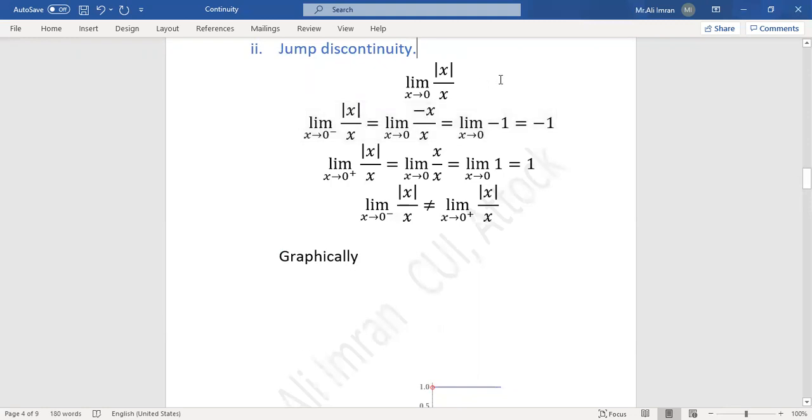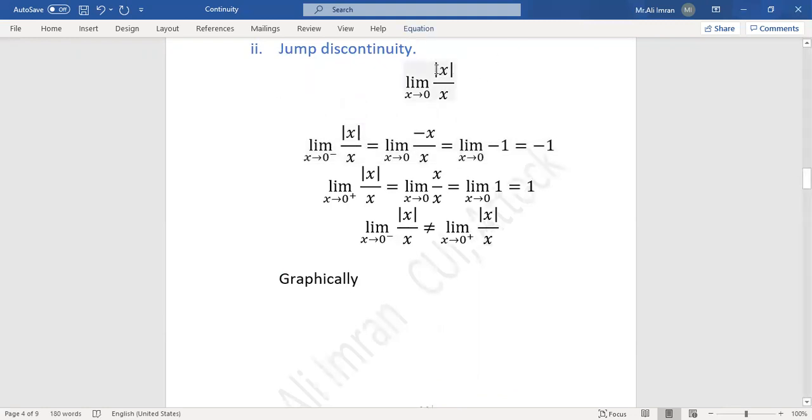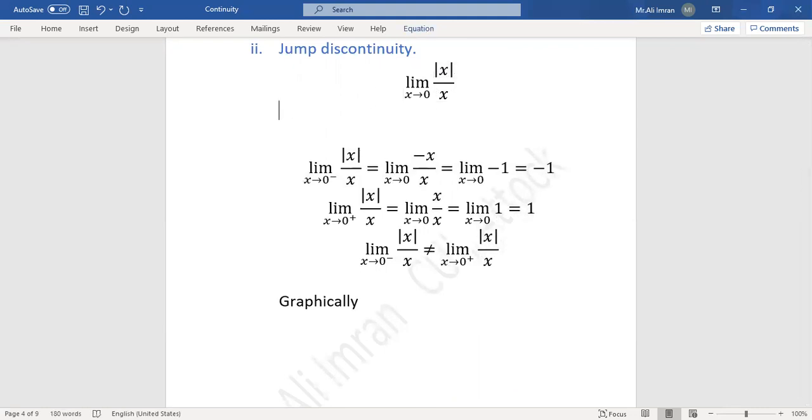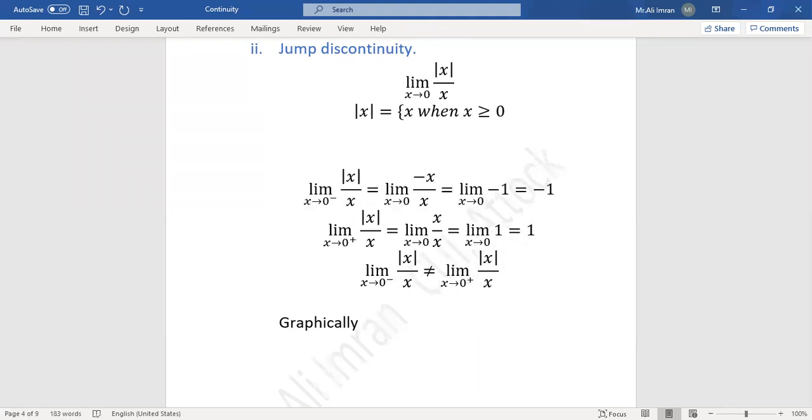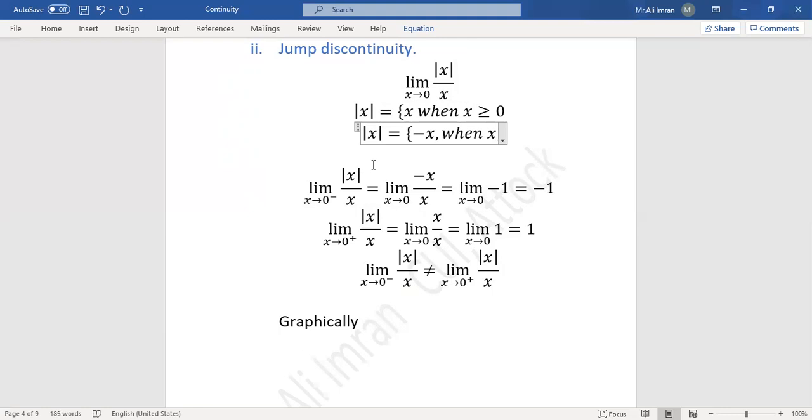I will redefine what is the mod of x. |x| is equal to plus x when x is greater than or equal to 0, and this is equal to minus x when x is less than 0.